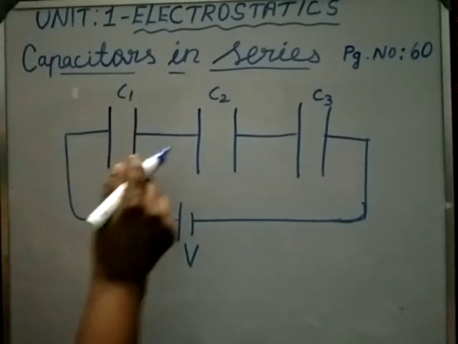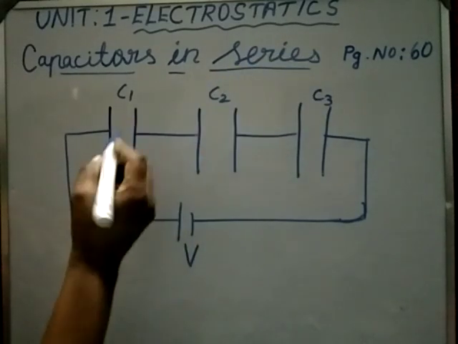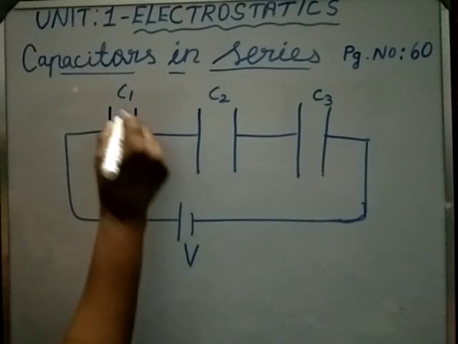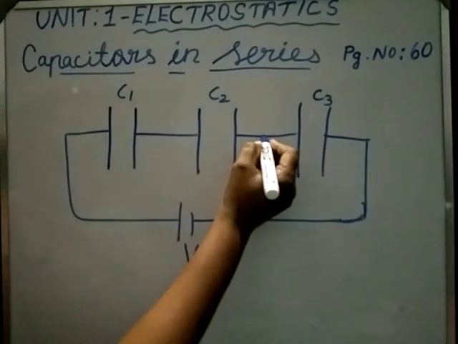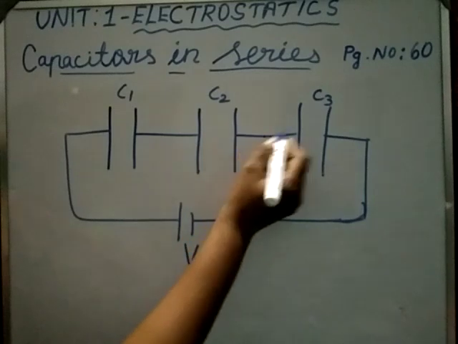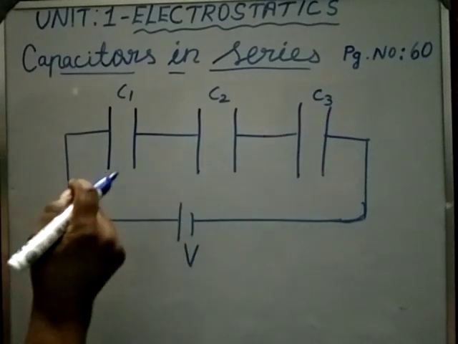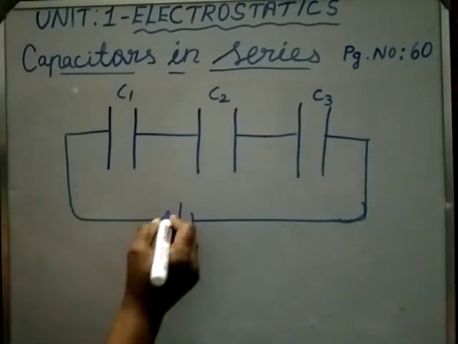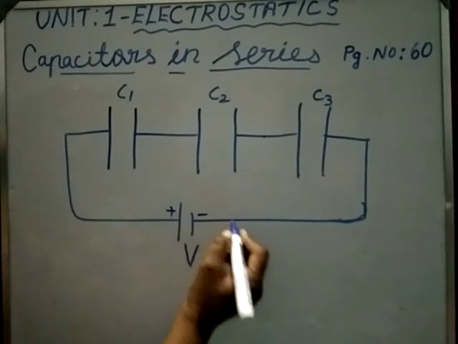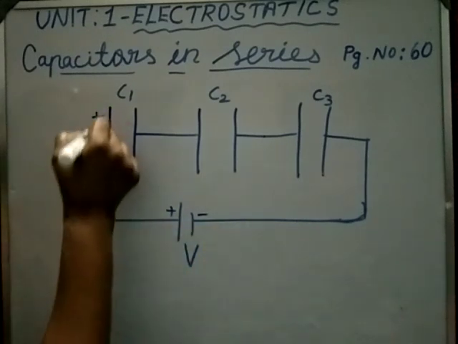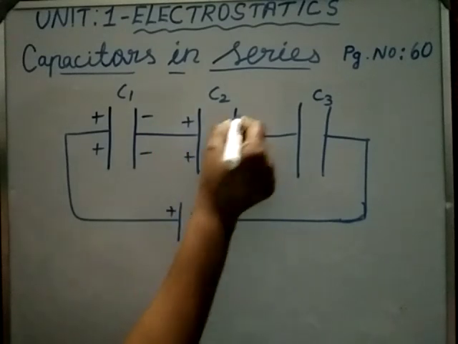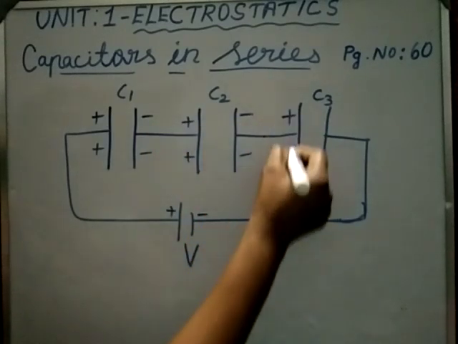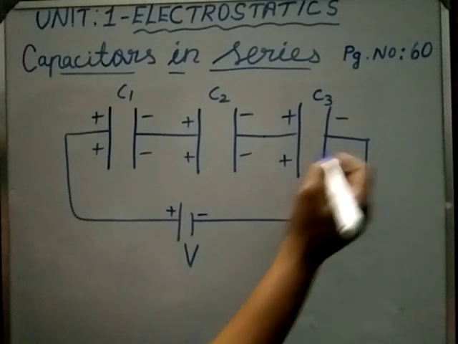Now, this is a series connection, which means the end of C1 and the starting point of C2 are connected. Likewise, the end point of C2 and the starting point of C3 are connected. This one is the positive terminal, this one is the negative terminal. So positive charges arise here, negative charges here, and here also positive, negative, positive, negative.